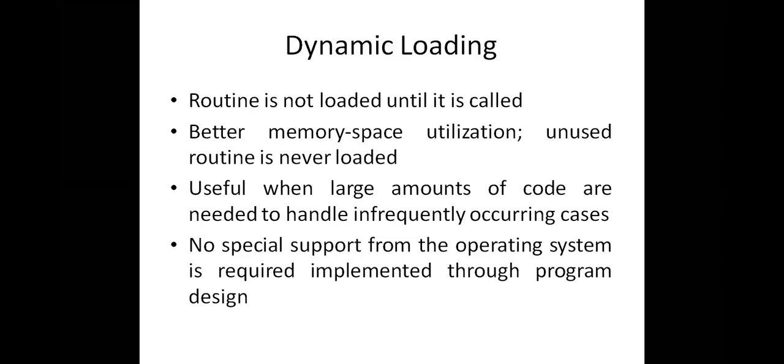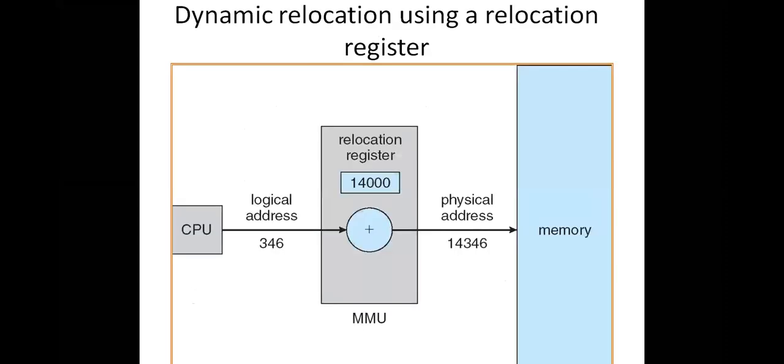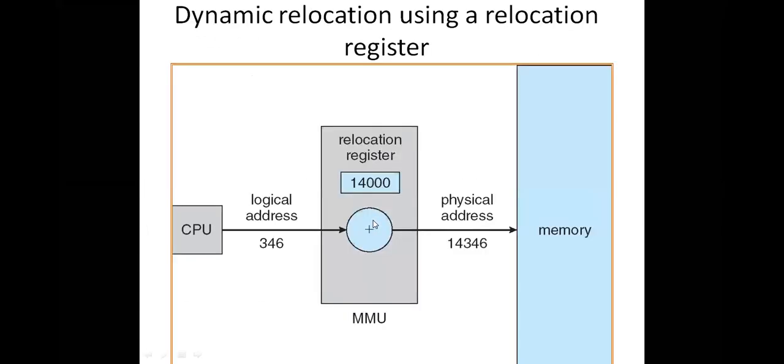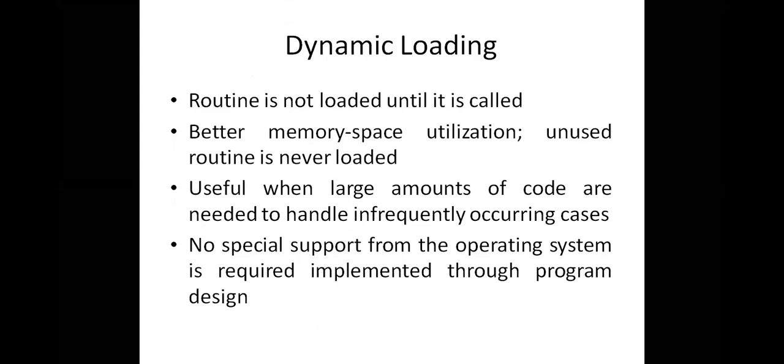That means the program might require more memory than allocated, because while you are executing, some other modules are also added to your program space. If you go to the previous diagram, observe here. When you are loading a module, automatically system libraries and other dynamically loaded system libraries are added to your program. Other object modules are all added to your program. That means the memory needs might change while you are executing the program.